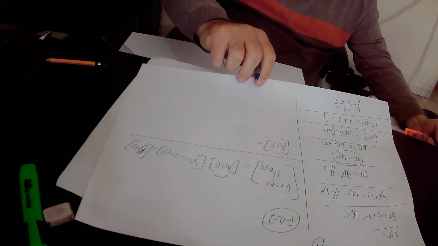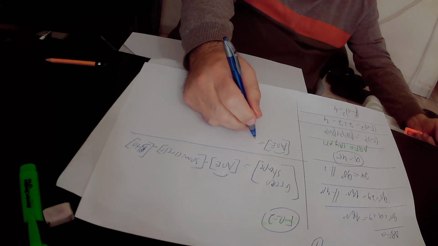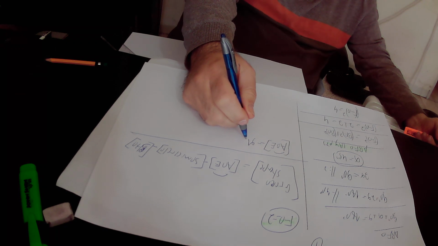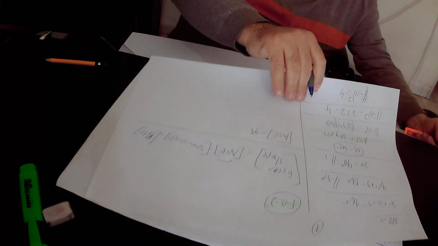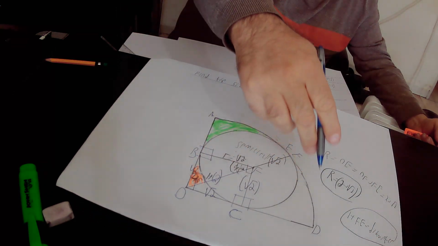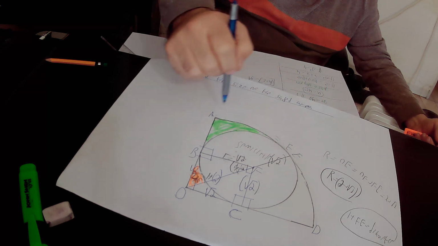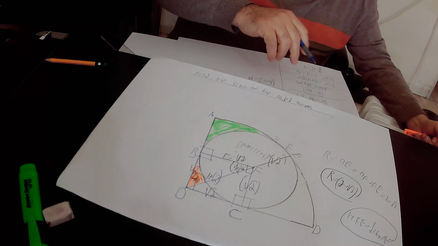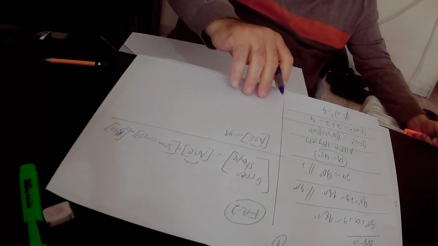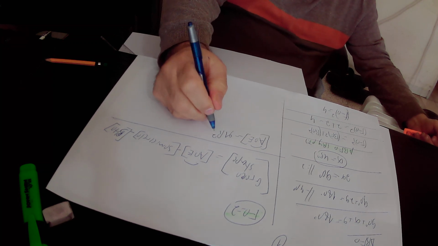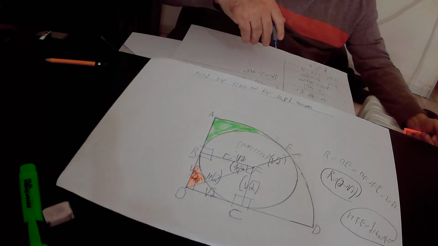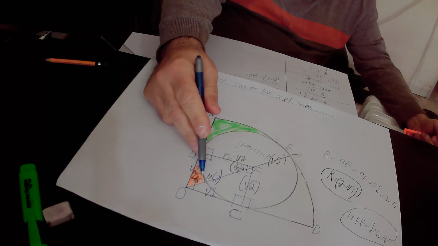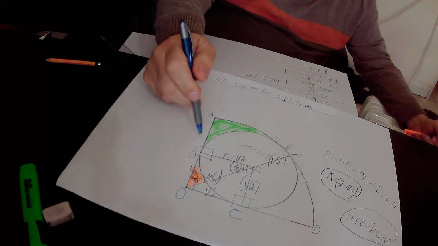We know that the area of any sector equals the area of the circle that contains the sector. In this case, the big circle contains this sector AOE. So the area of the big circle is pi times capital R squared, and we multiply it by angle theta, the angle between the legs of this sector AOE.